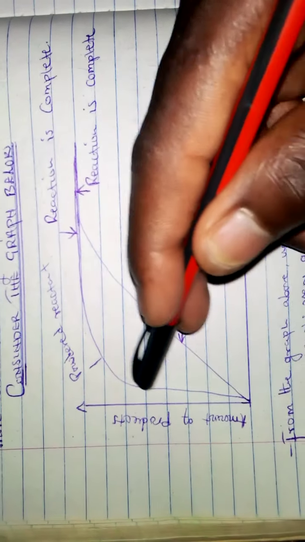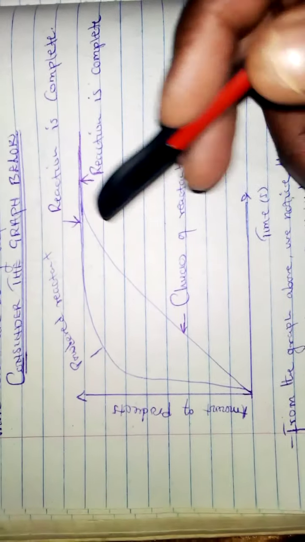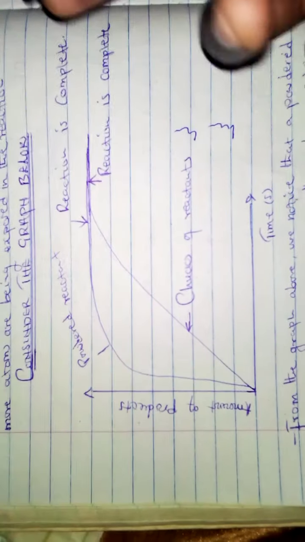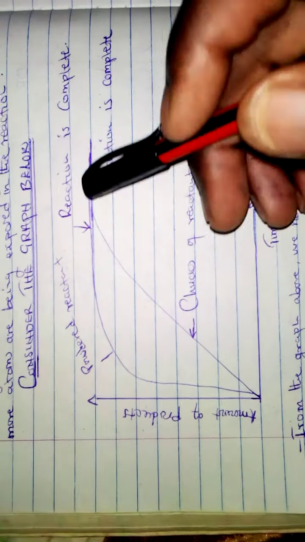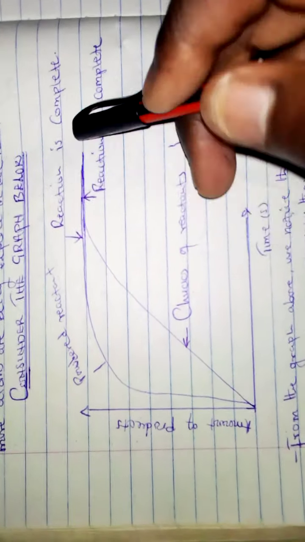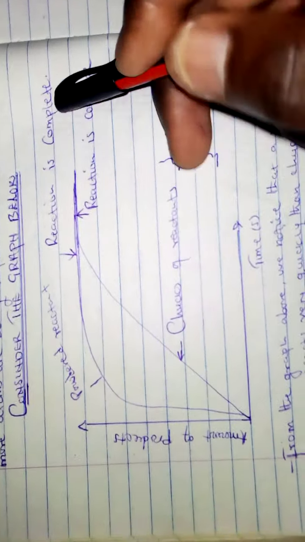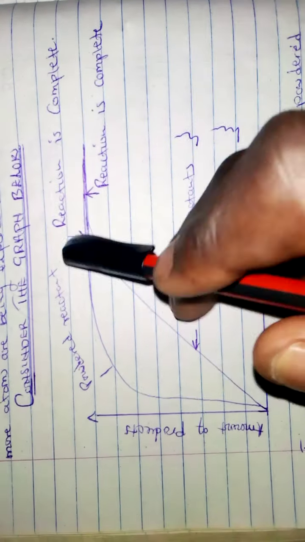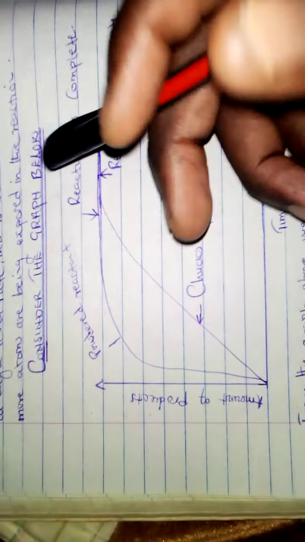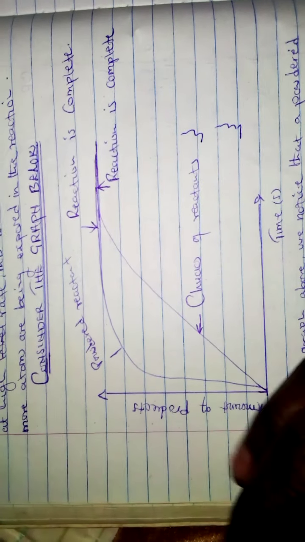So we say this graph is showing that the reaction is taking place quicker for those that are in powder, but for those that are just in chunks, it's quite slow. But when the graph reaches this point, it shows that the reaction is going for completion when it goes straight like this. So this is the concept that I also wanted you to understand about rate of chemical reaction.